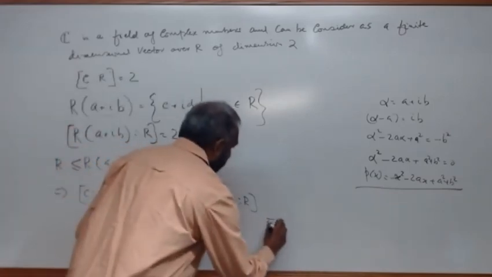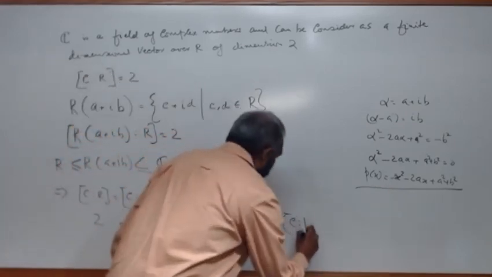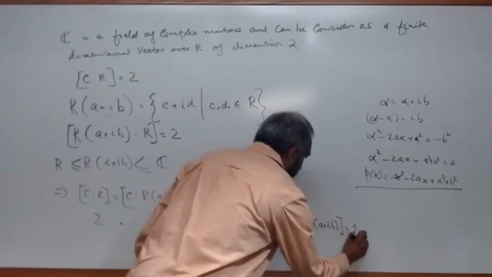So that implies the degree of C over R(a plus ib) is equal to 1.